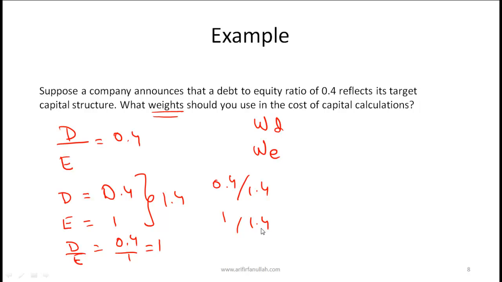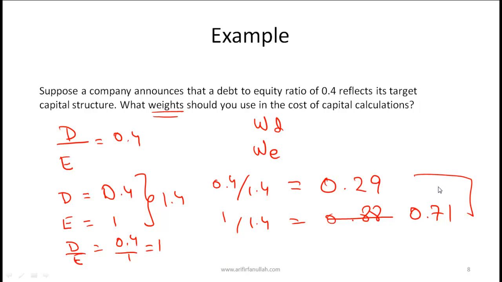Using the calculator, 0.4 divided by 1.4 is equal to 0.29, and 1 divided by 1.4 is 0.71. Obviously these two need to add up to 1.